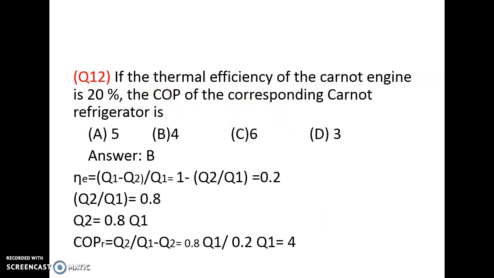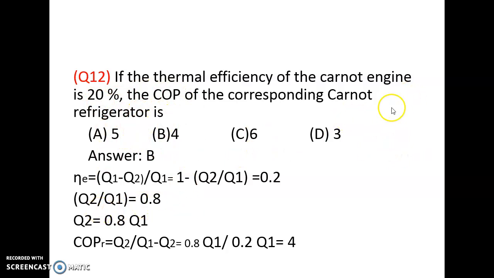The thermal efficiency of a Carnot engine is 20%. The COP of the corresponding Carnot refrigerator is? Thermal efficiency equals Q1 minus Q2 by Q1. So 1 minus Q2 by Q1 equals 0.2, as given.